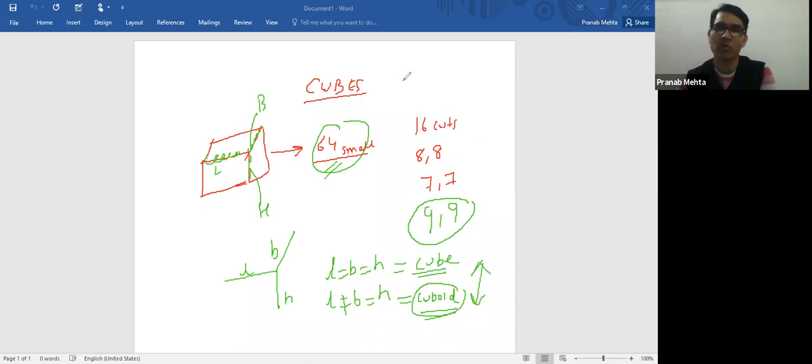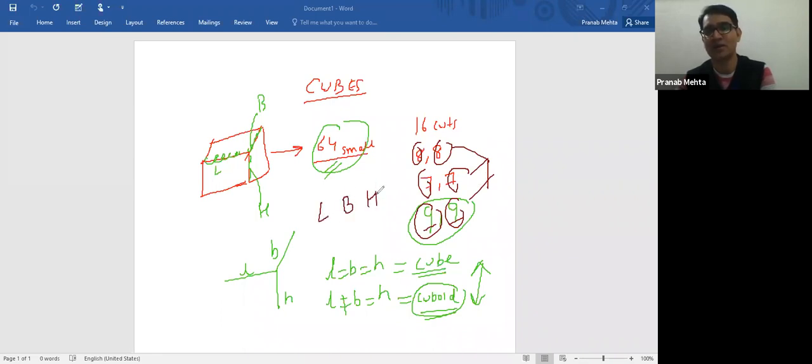Now if I go back once again to what you people are trying to tell me, the moment you give one cut, two cut, yes, you are talking about 9 cut and 9 cut. You are talking about 7 cut, 7 cut, 8 cut and 8 cut. None of these can give me a cube. The reason behind this is that we have length, breadth, and height.